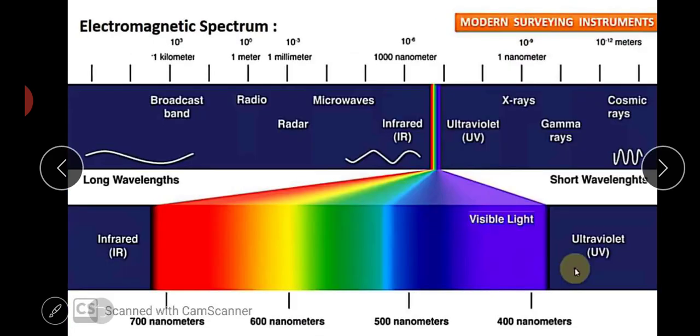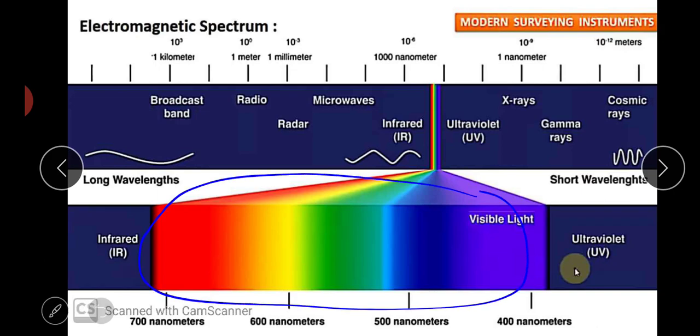This is the visible light region. It starts from 700 nanometers to 400 nanometers. If you are sitting in an area, you'll just see the visible light region.